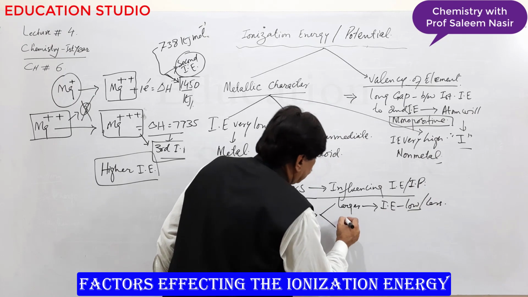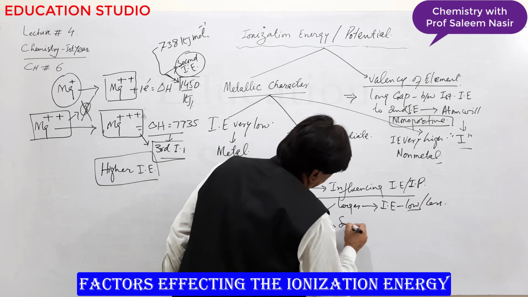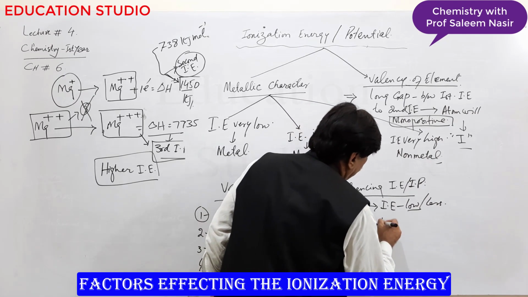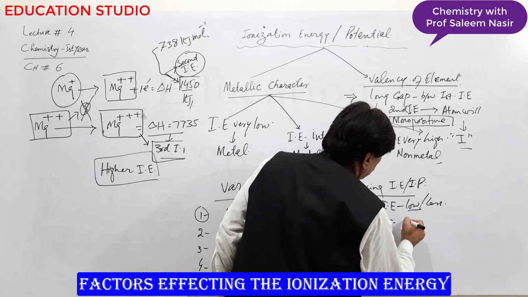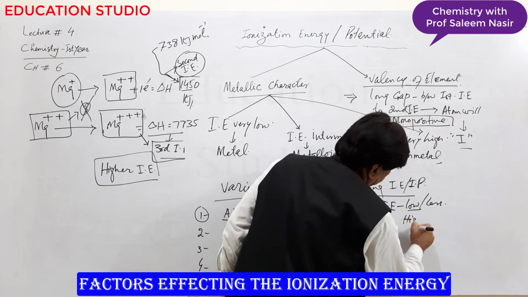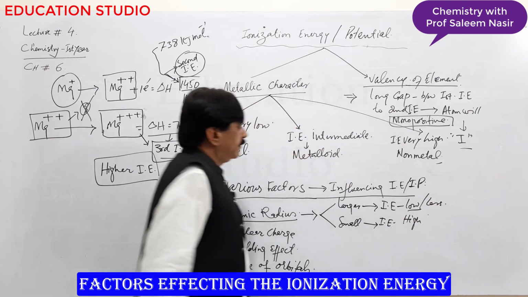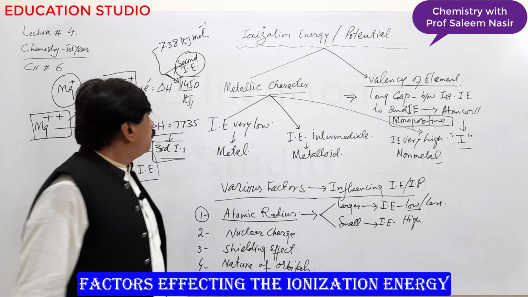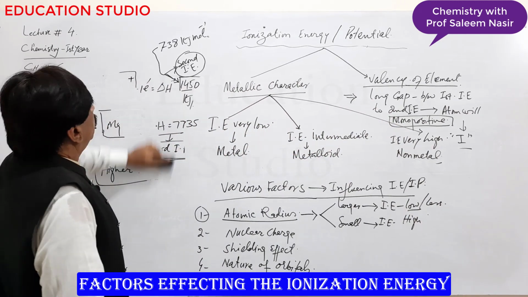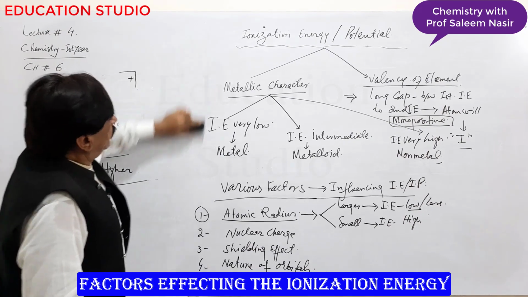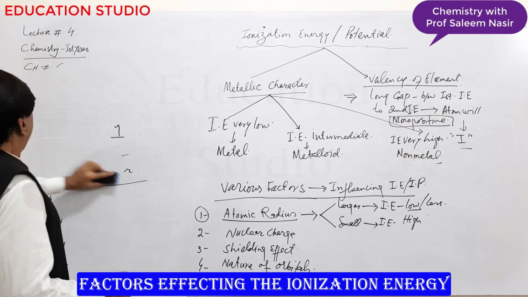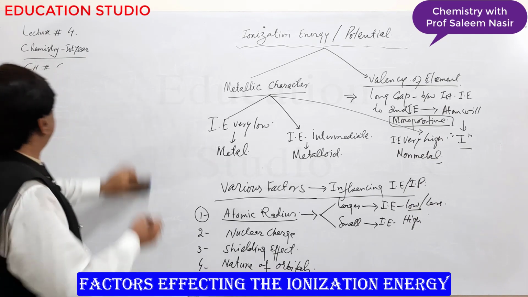If the atomic radius is smaller, then the ionization energy will be high. Why so? That can be explained with an example.